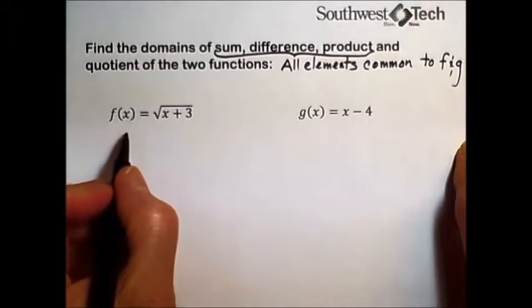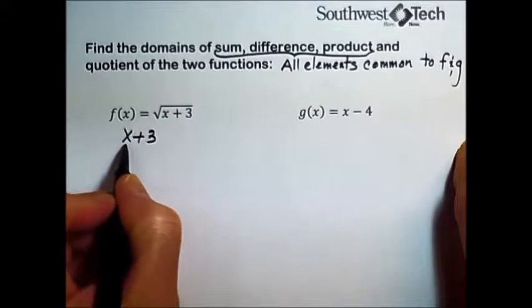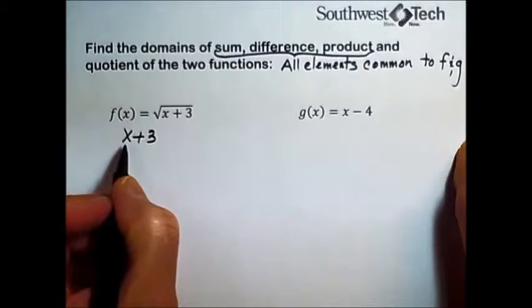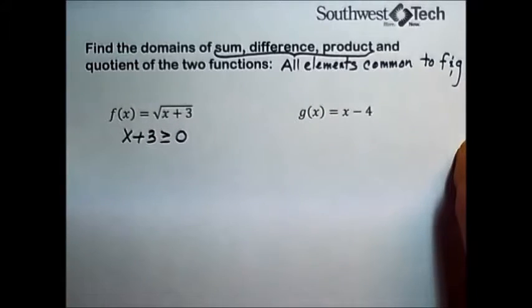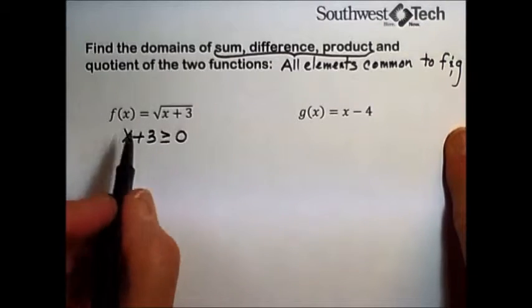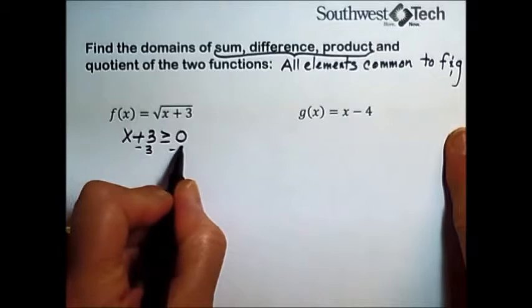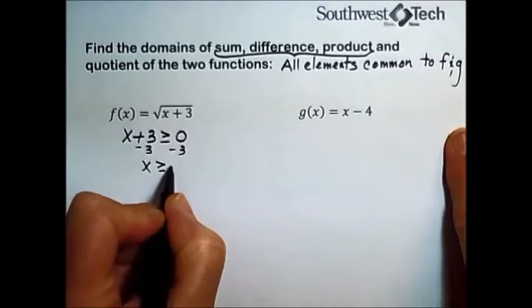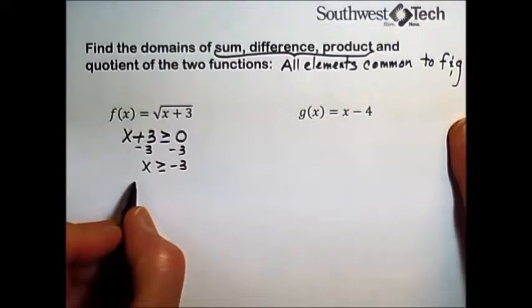So our restriction must be that this quantity underneath the radical, called the radicand, must be greater than or equal to 0. That is going to be our domain. Solving for x, we'll subtract a 3 from each side, and we end up with x is greater than or equal to negative 3. So here's our domain for f.